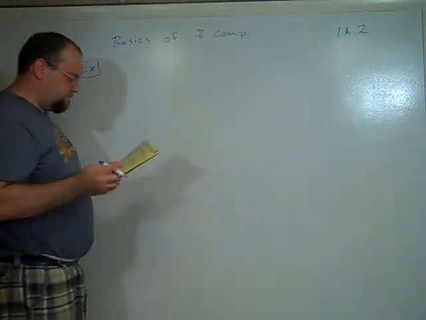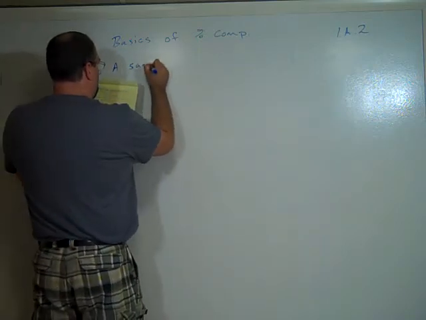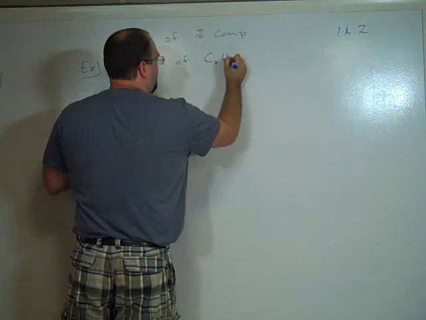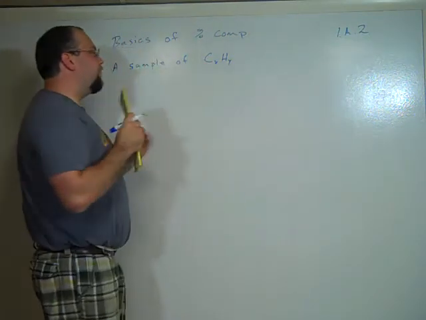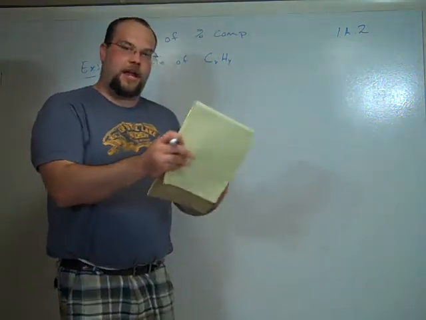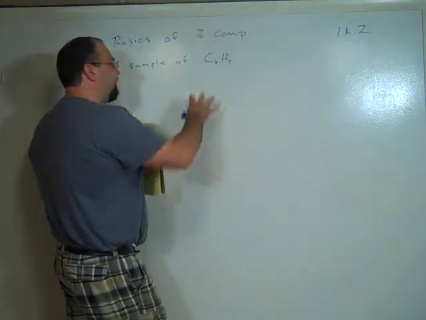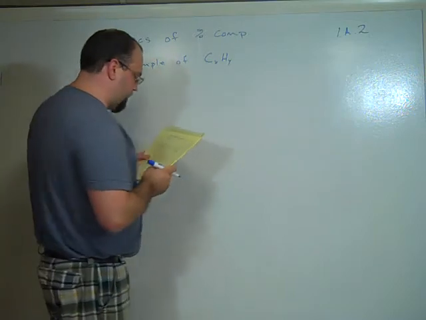Let's say a sample of CxHy. I know it's made up of carbon and hydrogen, but I don't know how many of each. That's why we've used the variables x and y. So I have some hydrocarbon, some compound with just carbon and hydrogen, but I don't know how many of each there are.